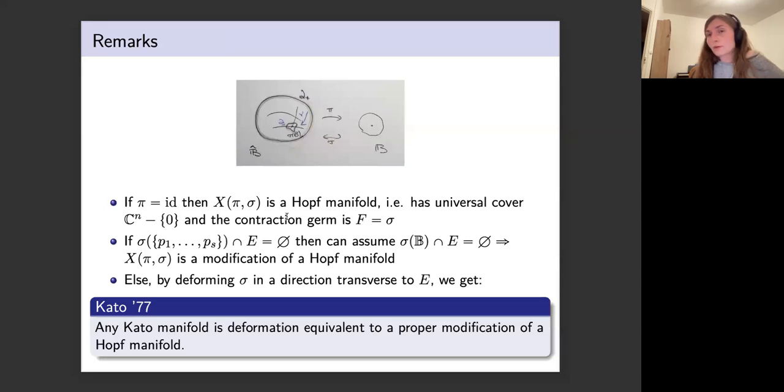Because then all that will matter is where σ of this point will go, on which divisor it goes, and the other ones you can arrange yourself so that σ of B will not touch the other divisors. So you can forget them because you can always just modify later your resulting manifold. So we'll always focus and assume, in fact, that you have one modified point. This point is 0. You can always change coordinates so it becomes 0.